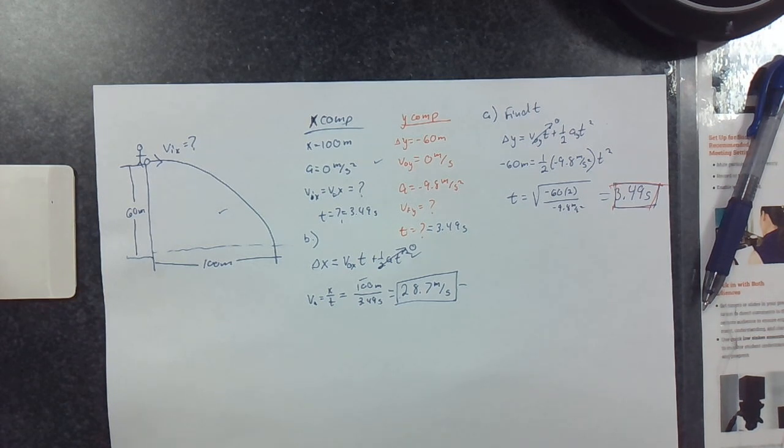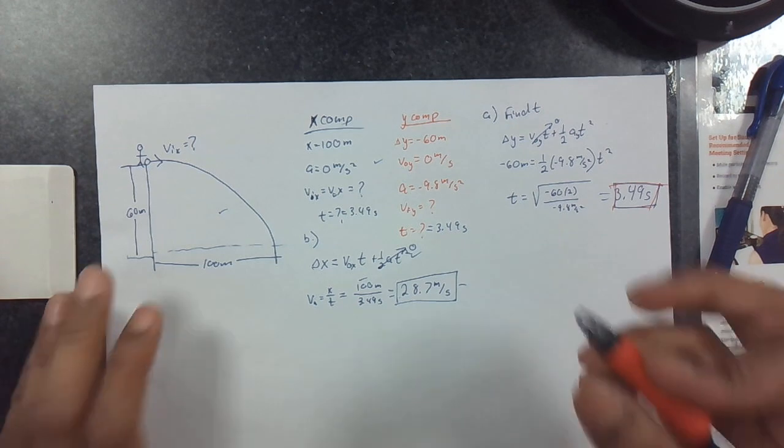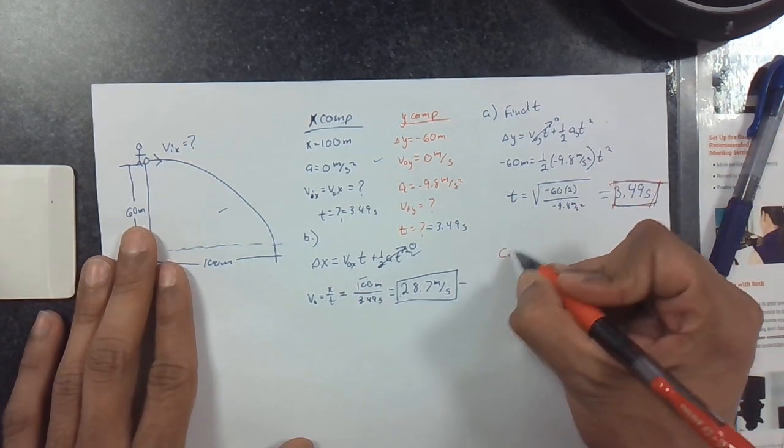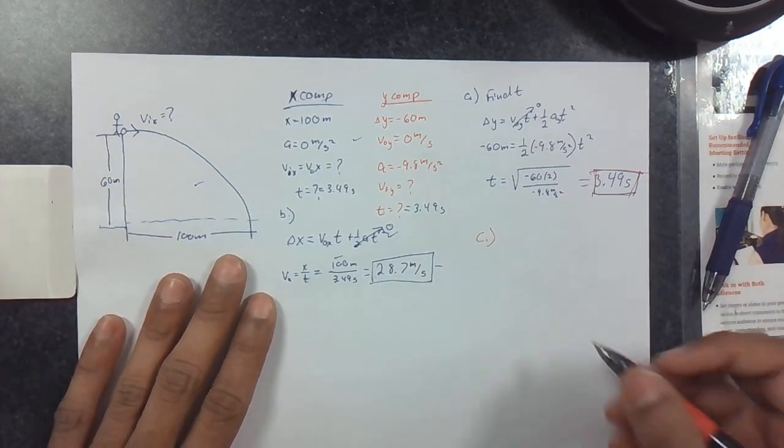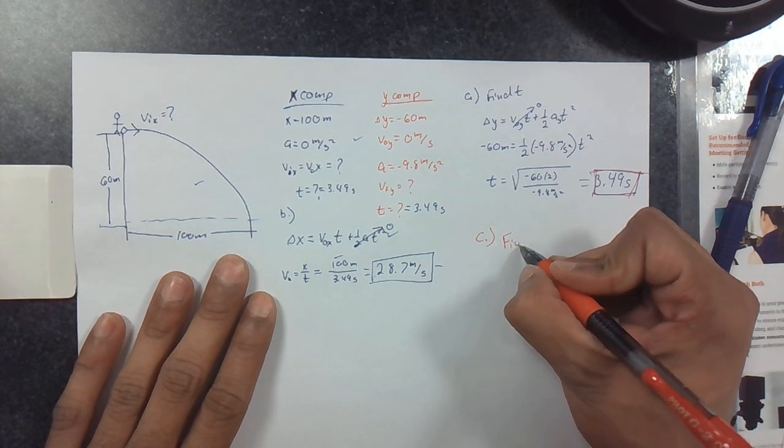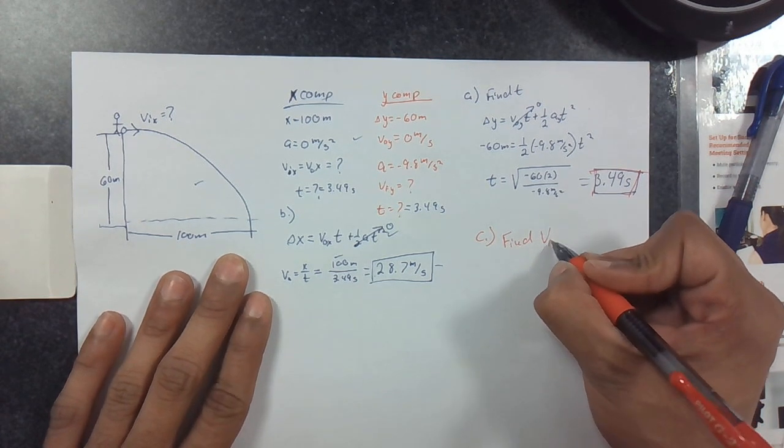Part C. What is the vertical component of the velocity just before the ball hits the ground? All right, so we have to find our VFY. So we have our V naught Y, we have the distance traveled, and we have an acceleration. So this one should be fairly simple. Part C. Find VFY.